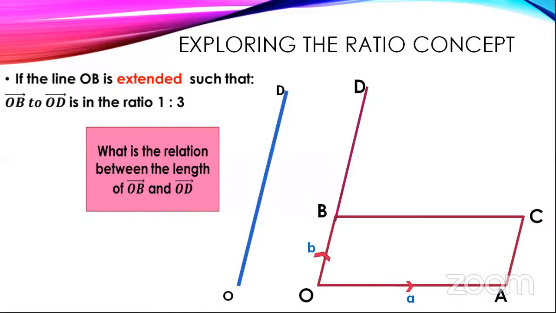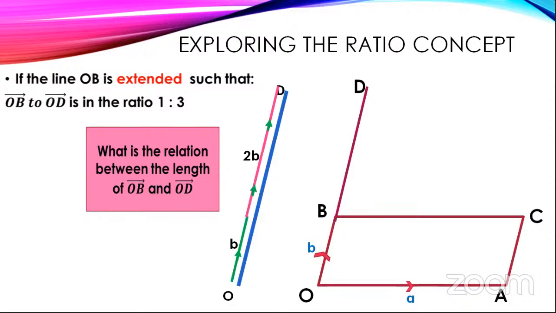If I pull this apart, this is my new length OD, and I now want to compare it with OB and BD. Gabriel is saying OD is 3 times OB. Gregory saying 3 times OB.